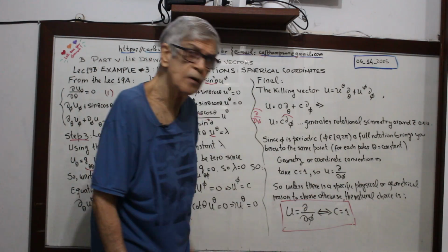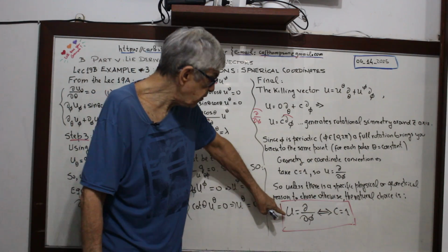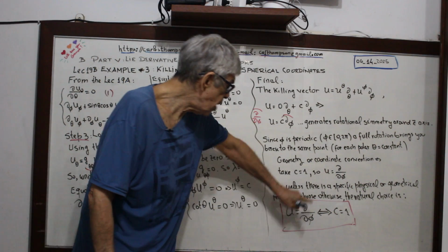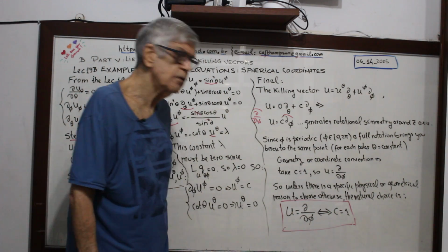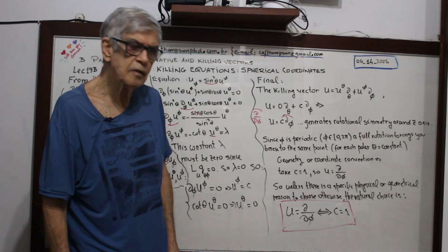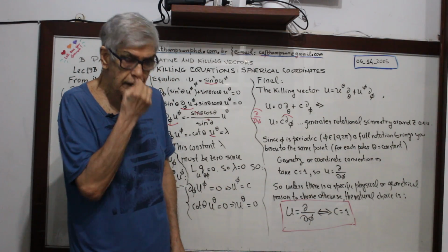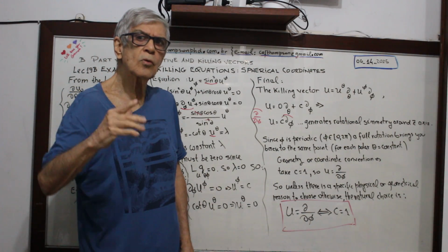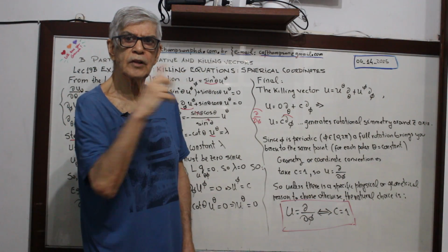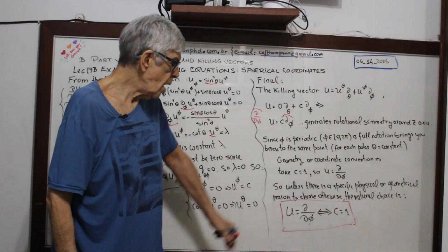That's the final answer. So my Killing vector is the partial derivative with respect to phi, and phi again is the azimuthal coordinate. It rotates. That's it.